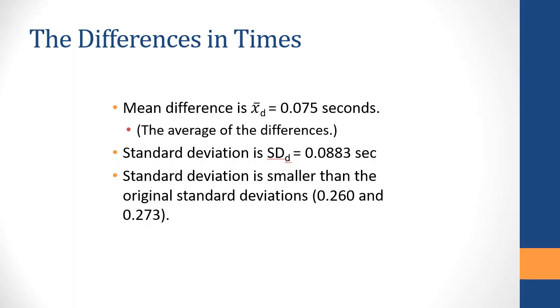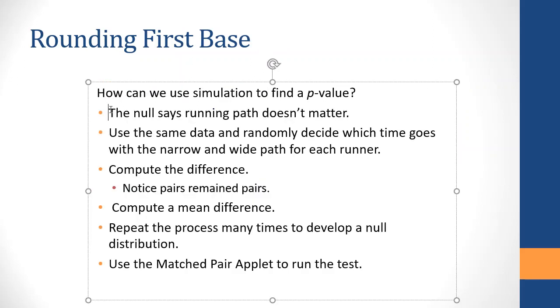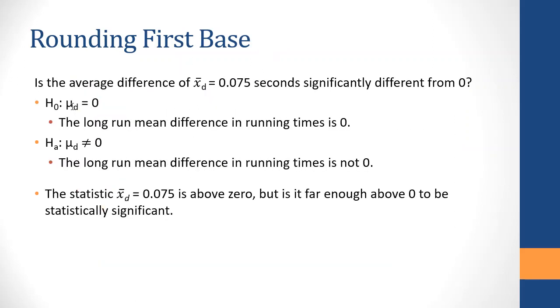Okay, so let's set up the hypothesis test. Is the average difference of 0.075 significantly different from 0? So mu d is your average of the differences. We'll assume that's 0 for the null hypothesis, which is to say that in the long run it doesn't matter which route you take.